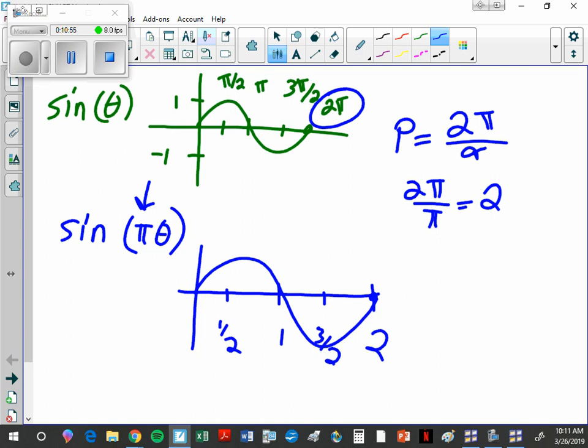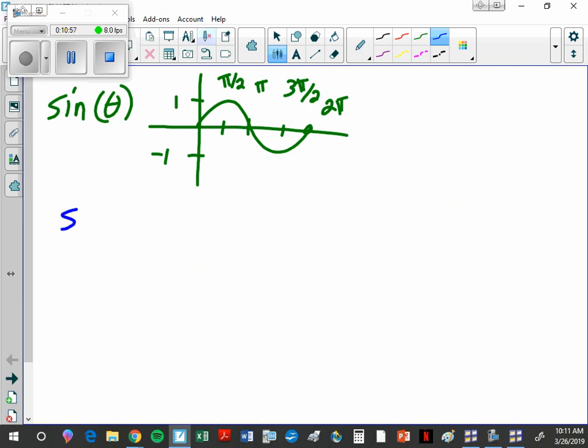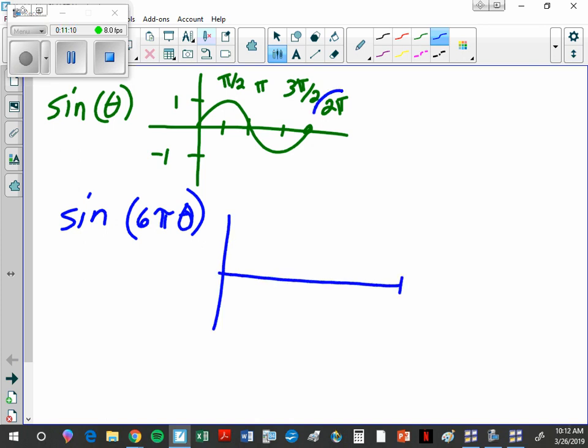Okay. What if I did the sine of 6 pi theta? Well, the end point used to be 2 pi. And the new endpoint is going to be 2 pi divided by 6 pi, which is 1/3. So this is 1/3.